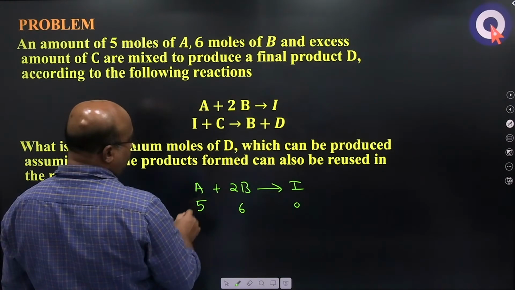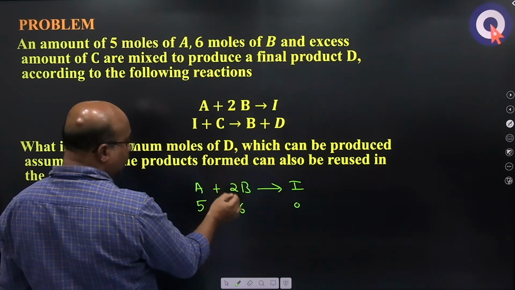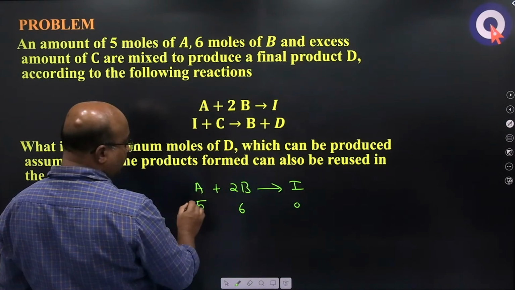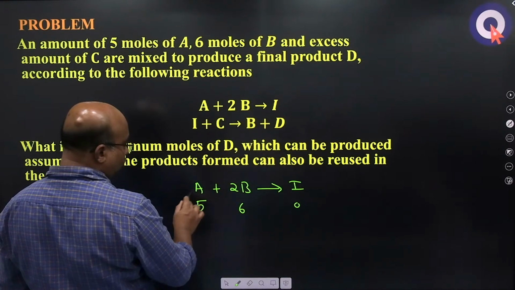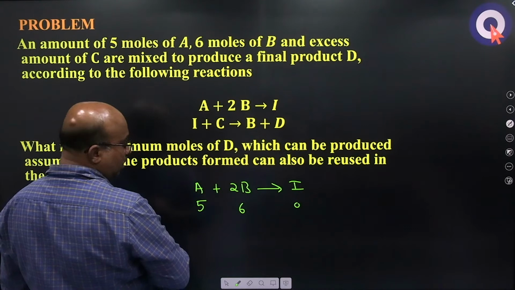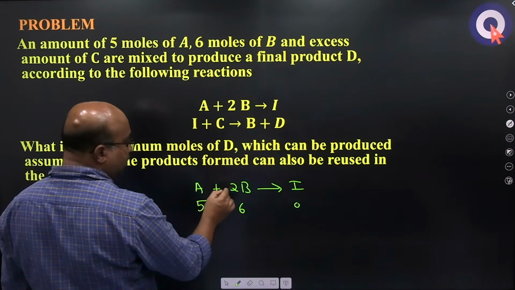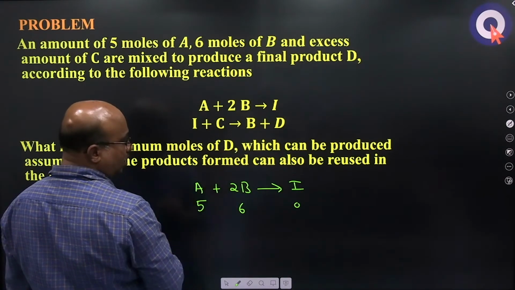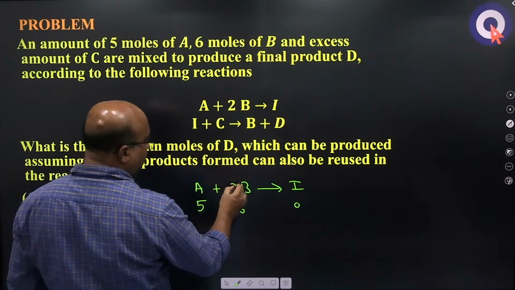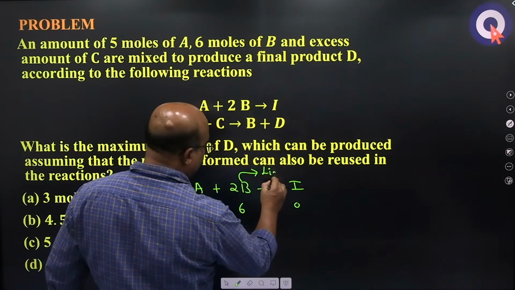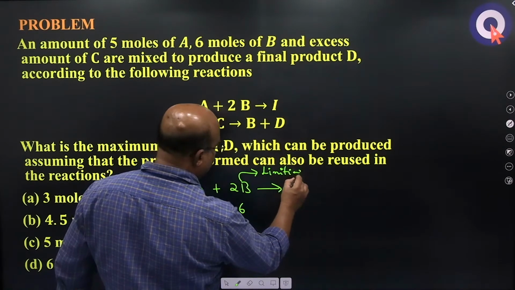B is only 6. We need 10 moles to completely consume the 5, so B is not in sufficient quantity. So we say B is the limiting reagent for this.